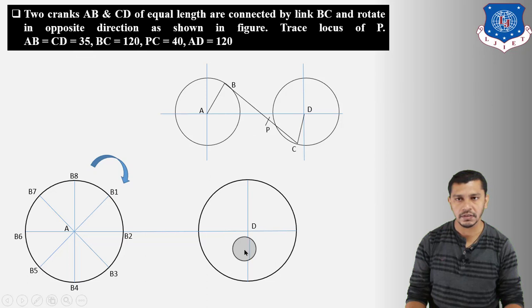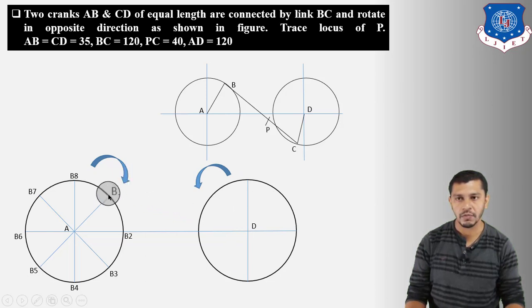Now measure the length of BC, which is 120 mm. Now consider that this circle is rotating in the anti-clockwise direction, because we have considered the first circle rotating in the clockwise direction.